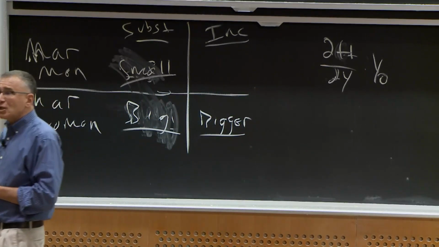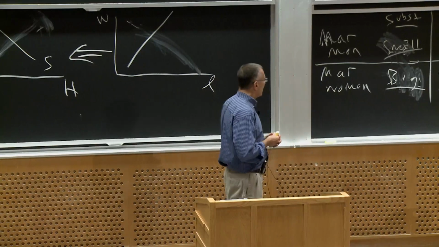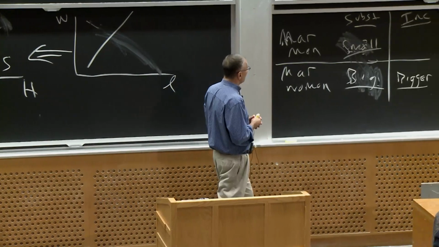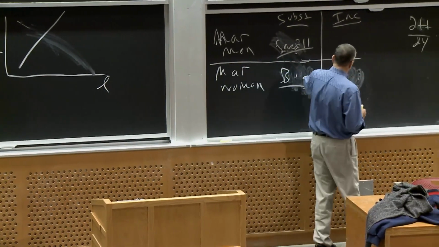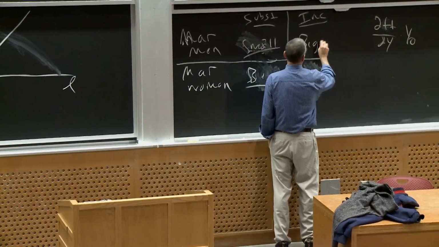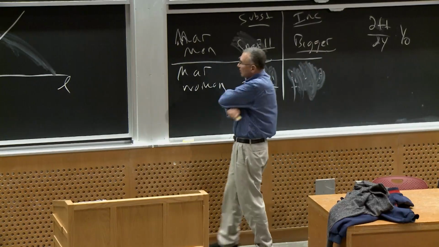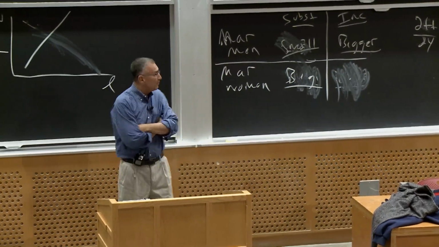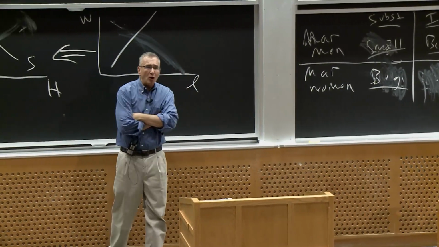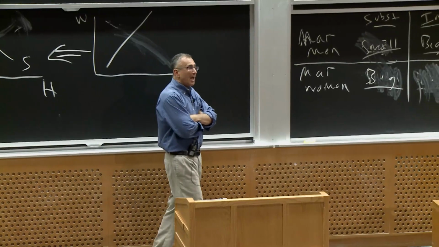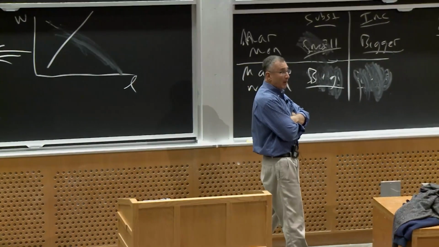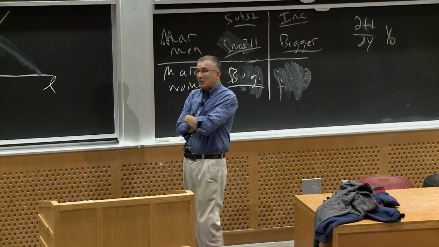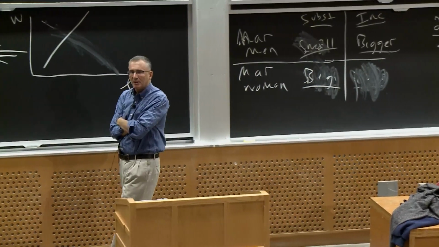So you've got a situation where men have, I did this wrong again, bigger. Okay, so we have a situation where men have a small substitution effect and plausibly a bigger income effect. Women have a big substitution effect and not much of an income effect.